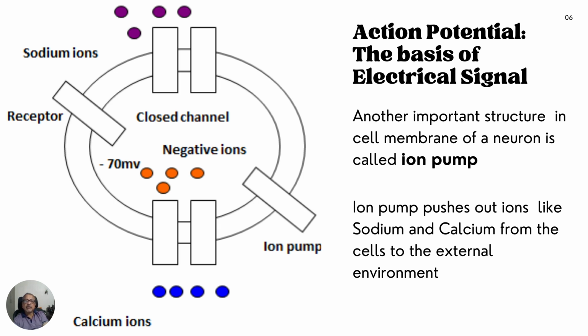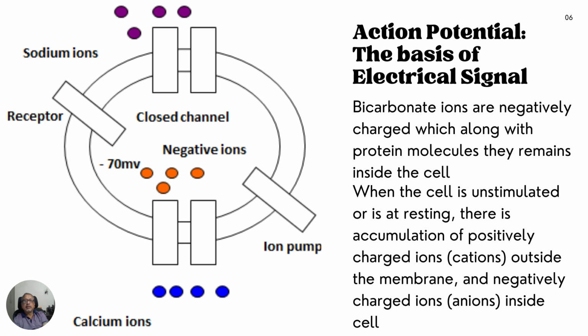Another important structure in the cell membrane is the ion pump. This ion pump pumps out ions from inside the cell to the outside environment. During the resting state of a neuron, the inside environment is negative, that is minus 70 millivolt, and the external environment is positive, and that is why it is called polarized.